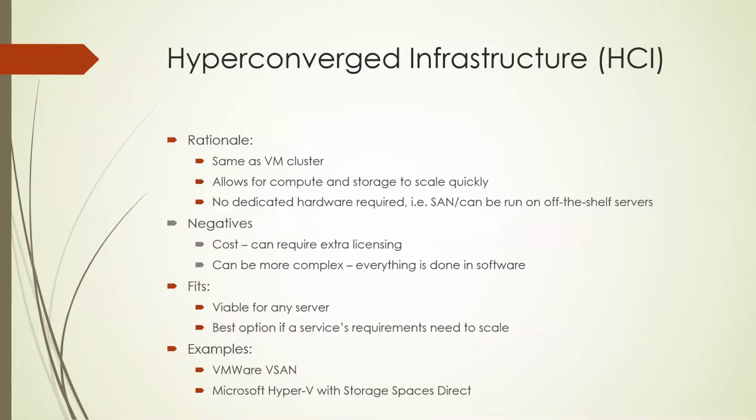So with Hyperconverged, you scale both storage and compute at the same time, and it just allows you to do it incredibly quickly because all it does is you just throw on a new server, connect it up. You will have your backbone. Most of the time, it's going to be 10 gigabit or faster. So you will have some sort of backbone as well, but you don't have that dedicated SAN appliance.